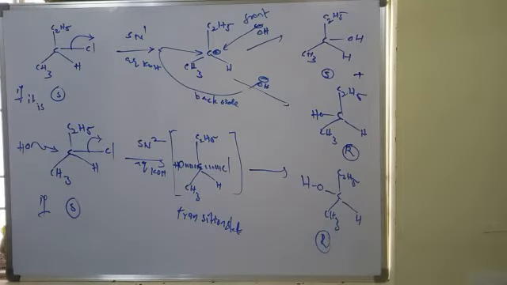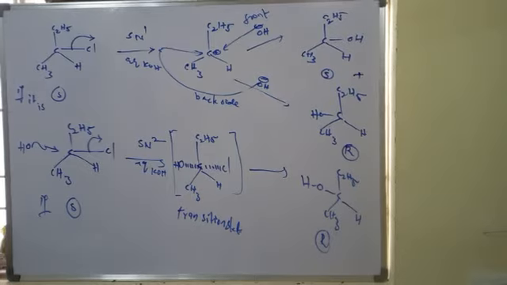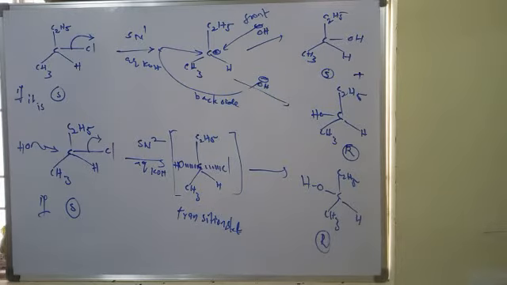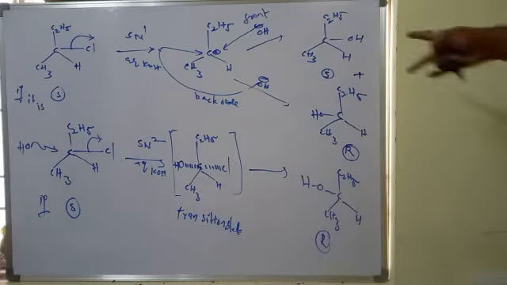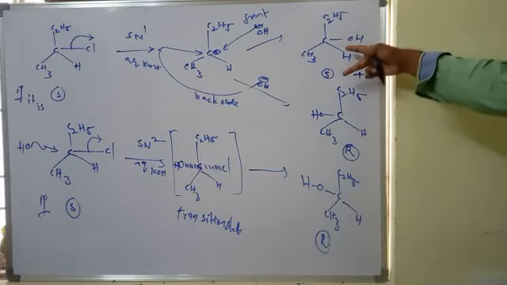So in SN1 the nucleophile may attack from the front side and back side after formation of the carbocation intermediate, so we get an enantiomeric pair. These two are an enantiomeric pair.